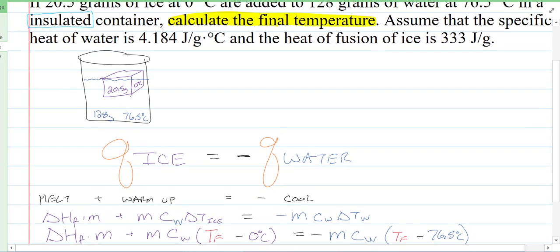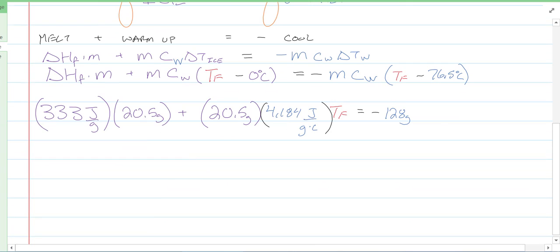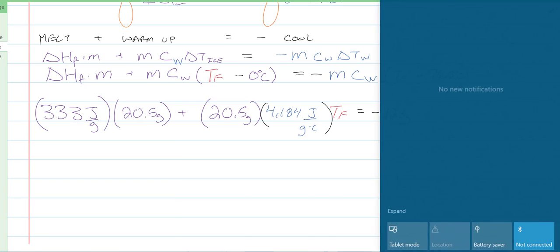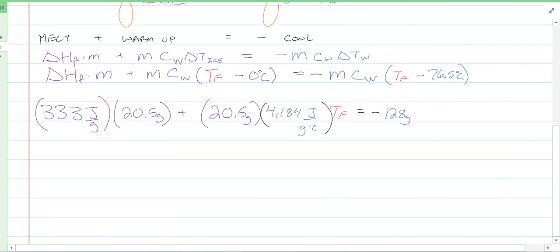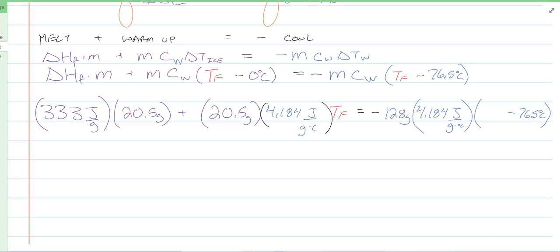Right, 128 grams of water, yes. Specific heat of water, 4.184. And TF minus 76.5 degrees Celsius. And at this point, the chemistry is done. We are now doing an algebra problem, which is great news because we all can do algebra.